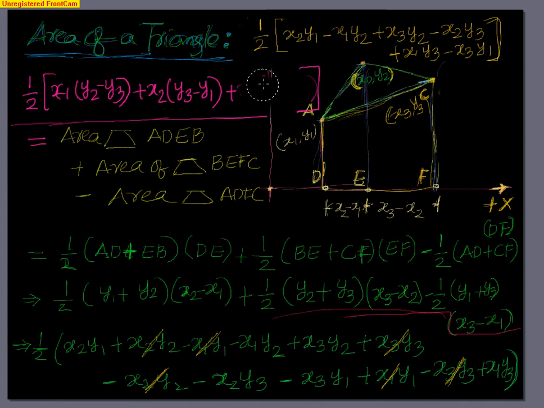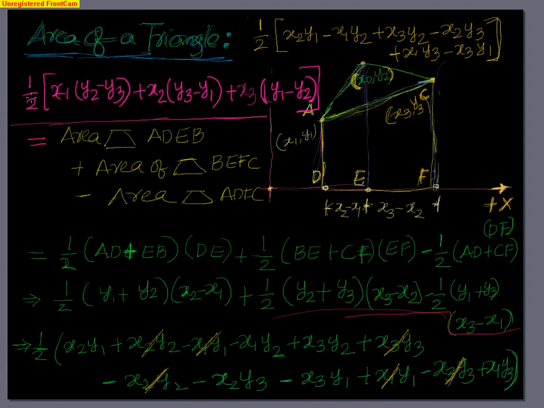This is nothing but x3 into y1 minus y2. You can simplify this. There is one step in between, because you will get minus of this step. I have to take off minus, then it becomes like that.